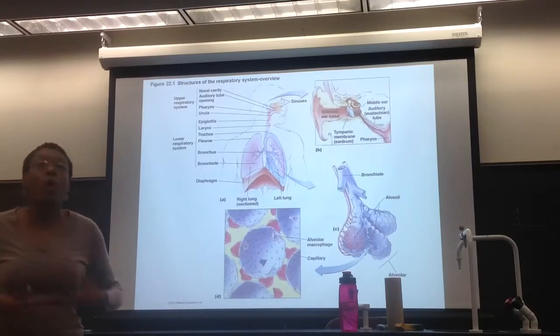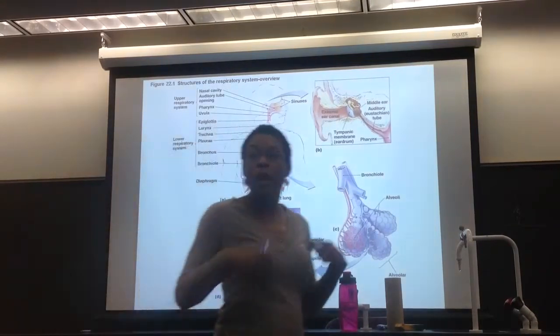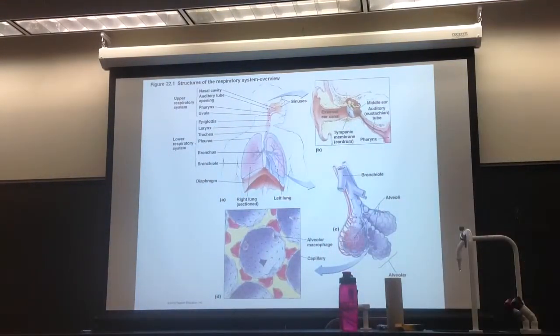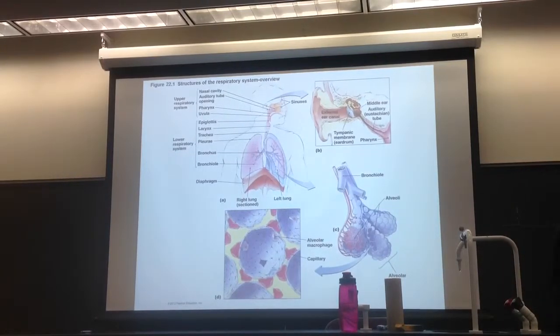Likewise, in the lower respiratory tract, you also have cells lined with cilia, correct? I forgot to mention this. The lower respiratory tract is lined with mucus plus cells lined with cilia.